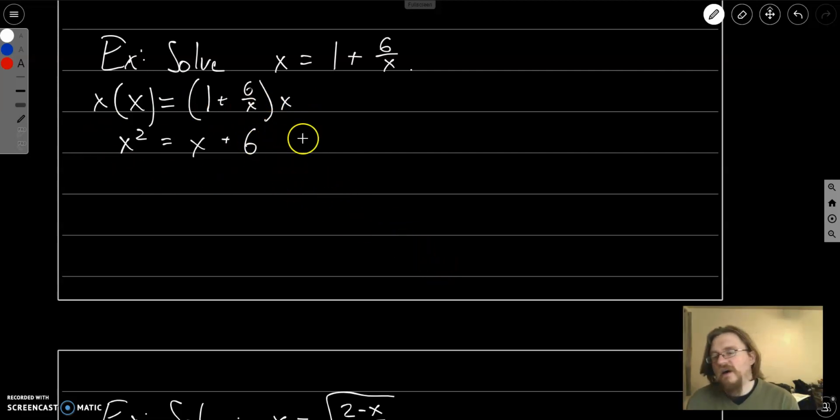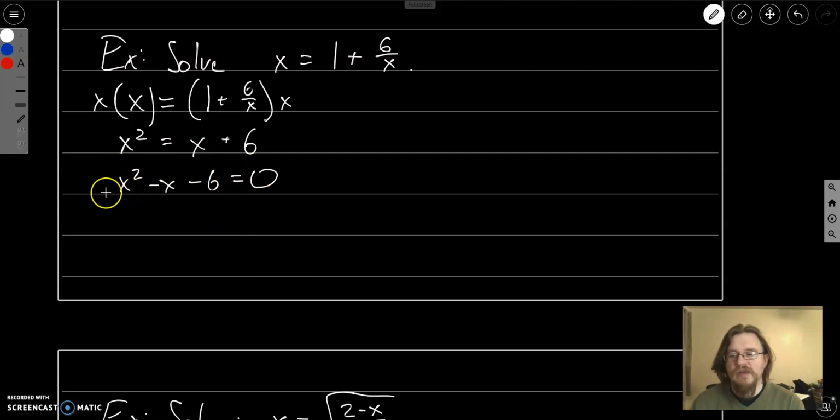And now I'll move everything to one side. It's normally a little bit easier to look at quadratic equations where it's clear that we have ax squared plus bx plus c is equal to 0.